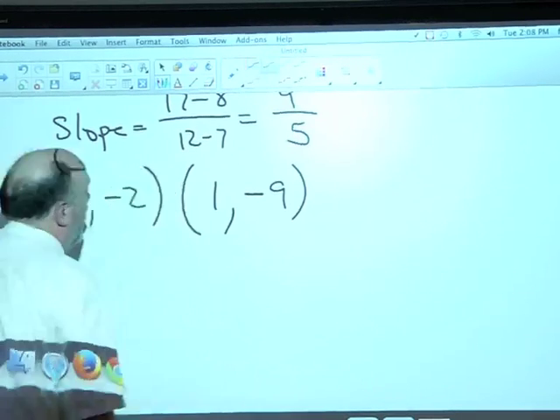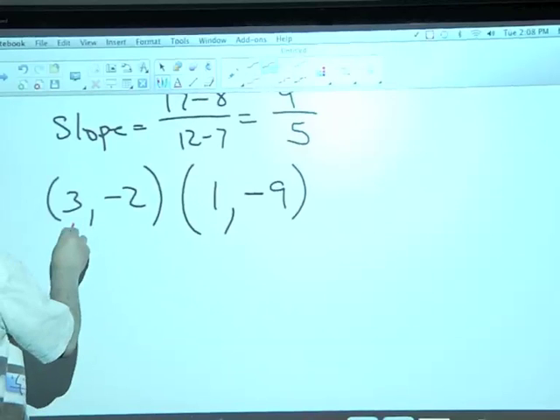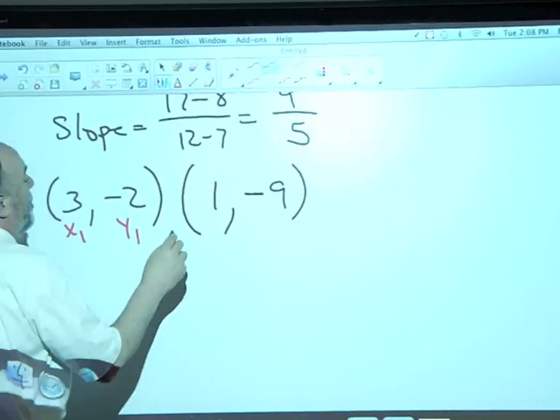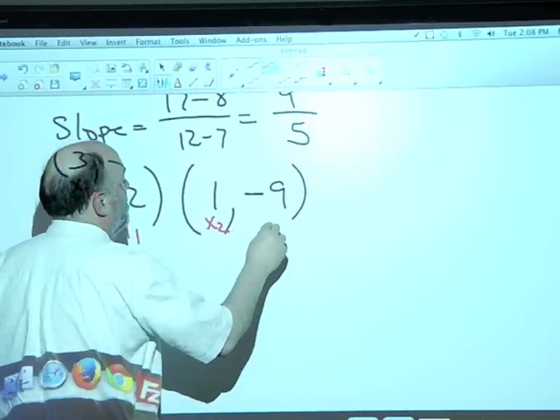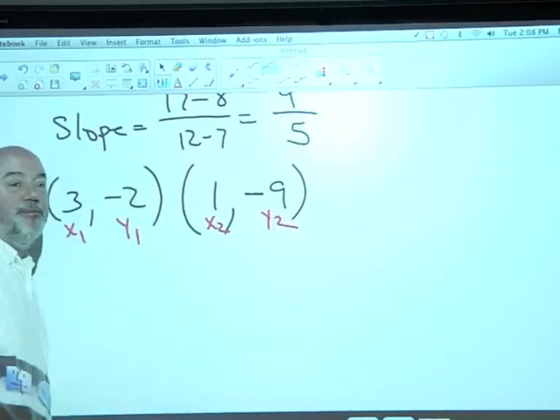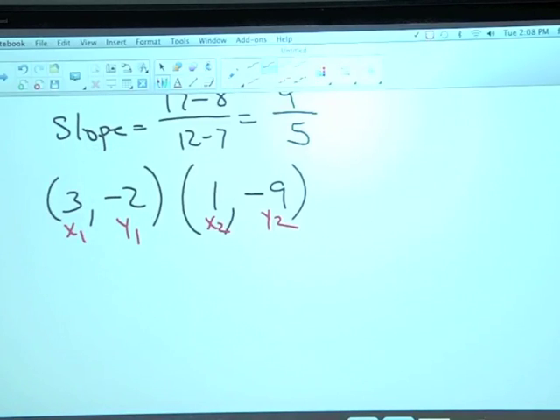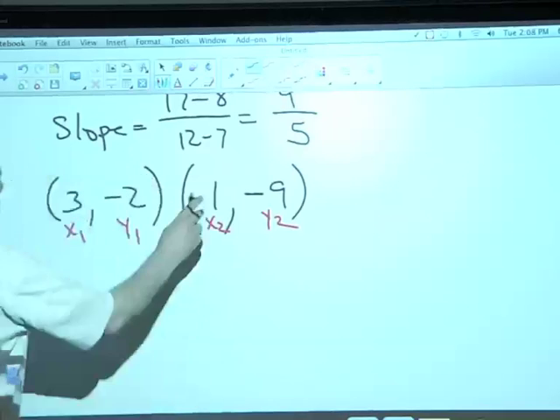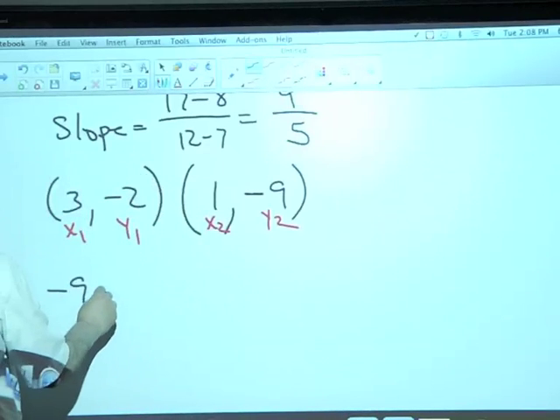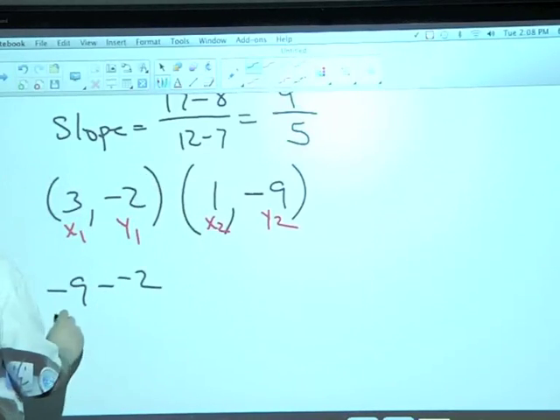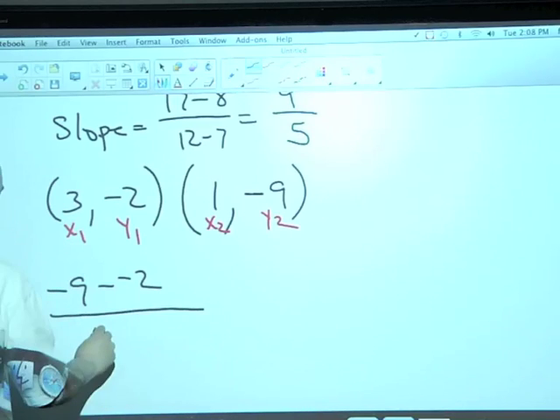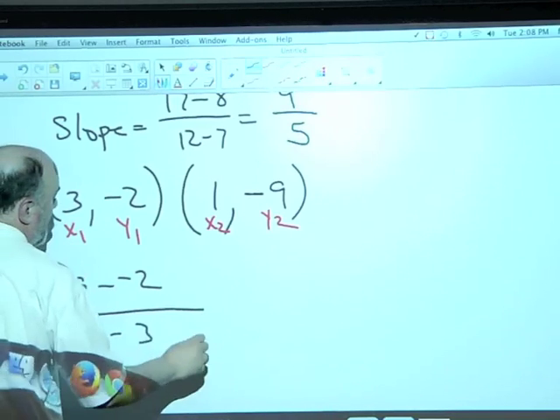So again, if I take the numbers, call this x1, y1, x2, y2, right? And again, plug those in. We get minus 9 minus the minus 2 over 1 minus 3.